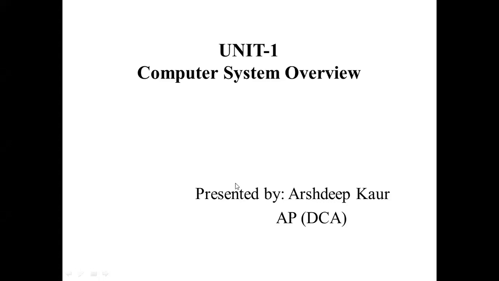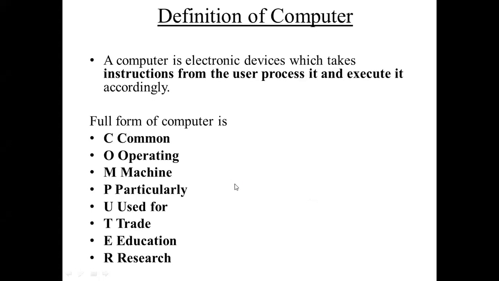Computer system overview. First is the definition of computer. A computer is an electronic device which takes instructions from the user, processes them, and executes them accordingly. As we all know, a computer is an electronic device, meaning it works with electricity. If you have electricity, then you are able to operate the computer.